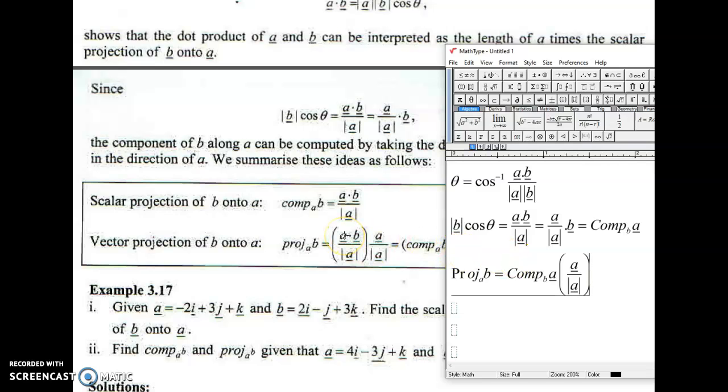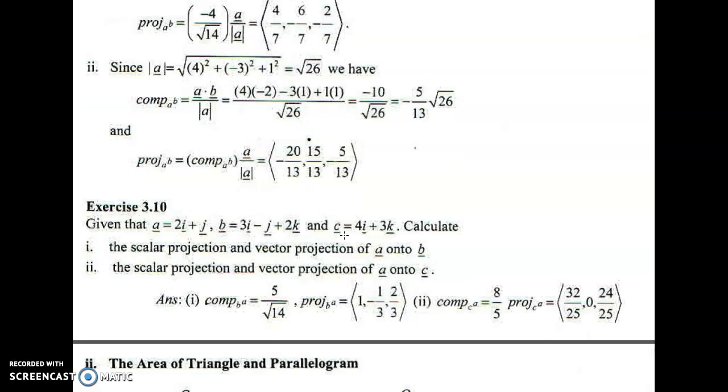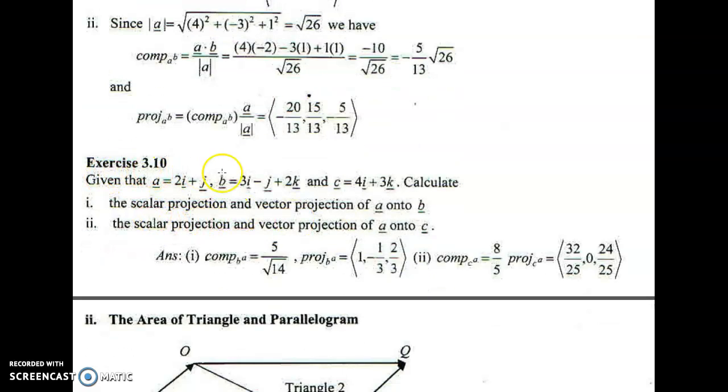Right, now let's try to look at, maybe just directly look at the exercise here.